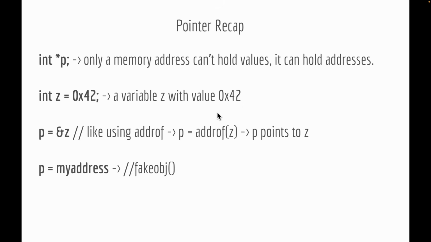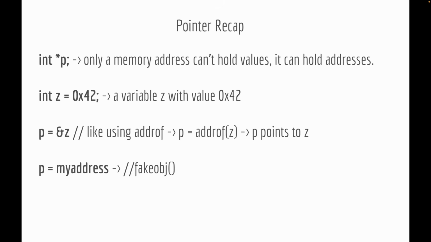So to recap, when you have an int star, you have a memory address that can hold a value. It will hold an address. It will point to a memory cell. So an int star or a char star points to a memory cell, and the value of the pointer is just an address.